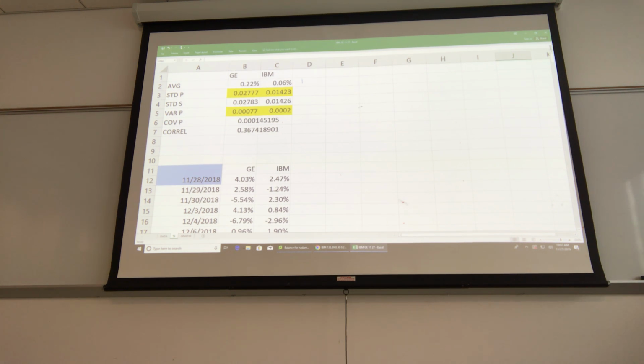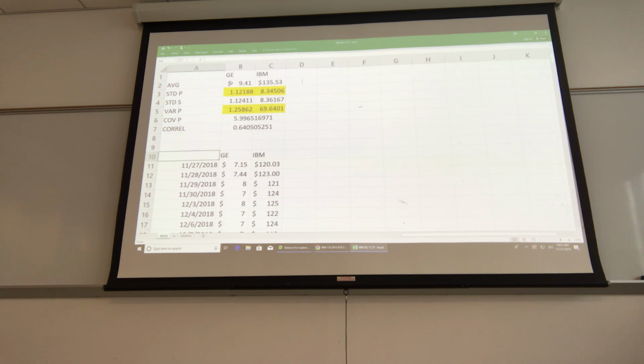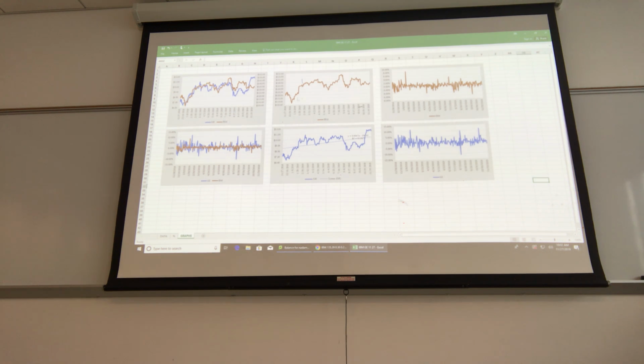What is important? If I look at the prices, the average price actually is meaningless, because what is important is not what is the average price, but what is the trend.